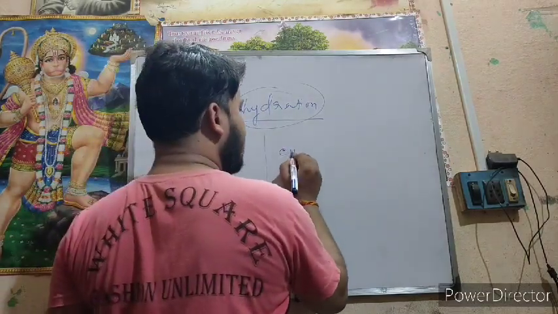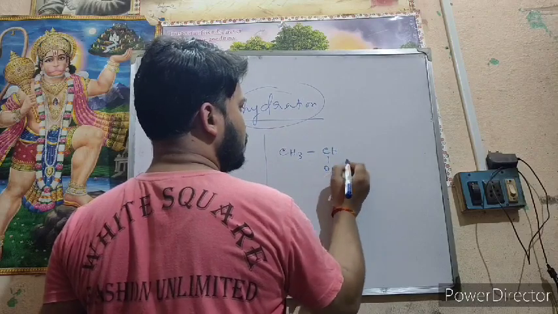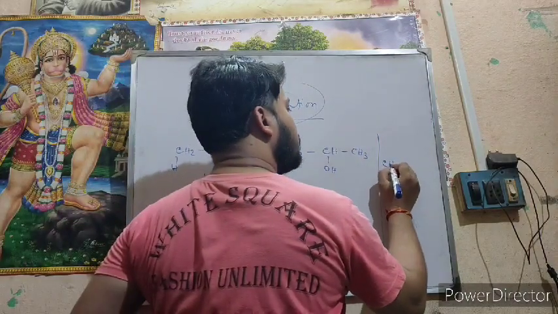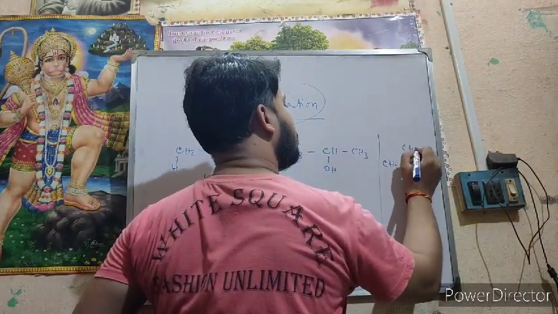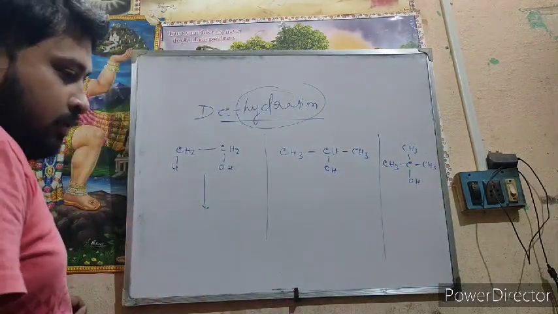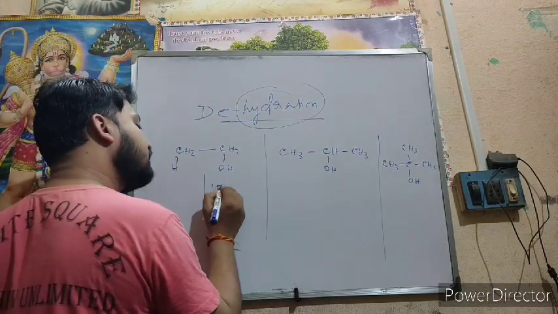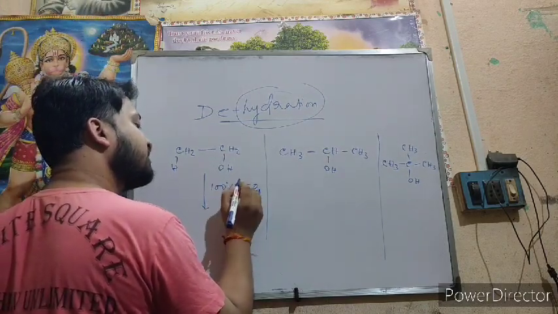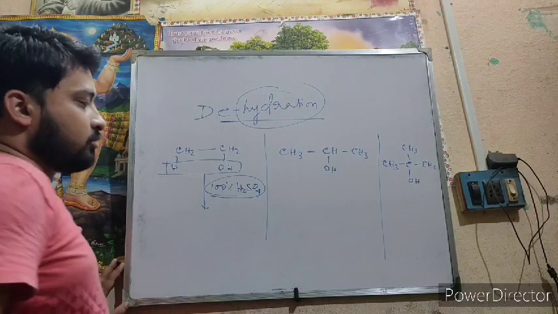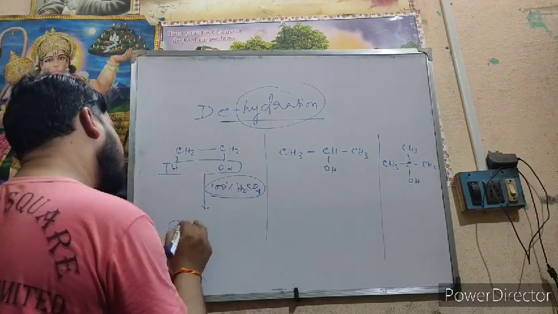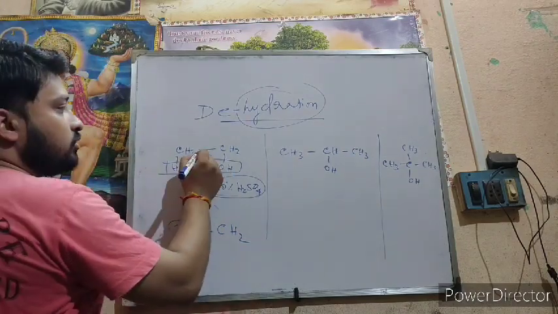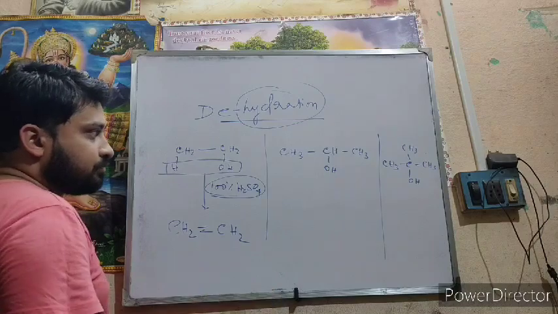Then you take CH3CHOHCH3, this is 2 degree alcohol. From here, you need 100% concentrated H2SO4 for this reaction, to remove these water molecules. The product is CH2=CH2, with the removal of H2O, so the double bond is made here.